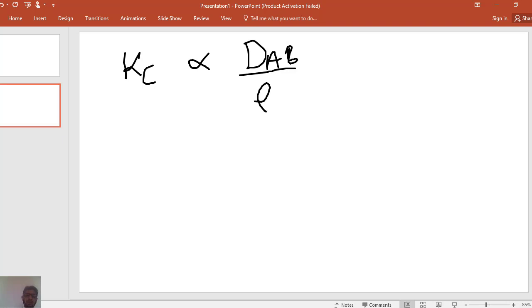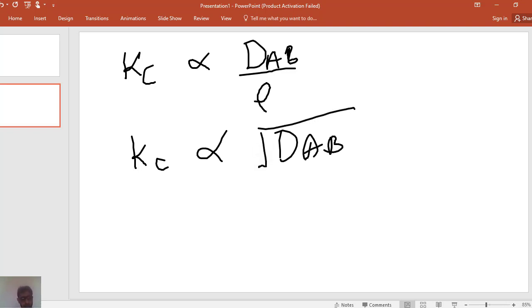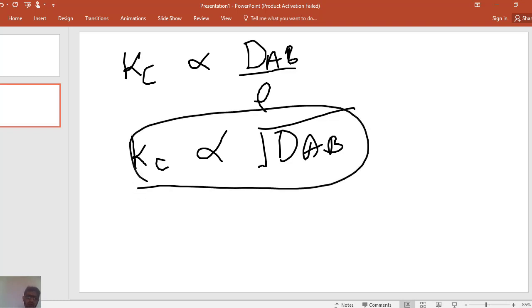But in the penetration theory, the mass transfer coefficient is directly proportional to the square root of diffusivity. So how can we relate these two quantities?